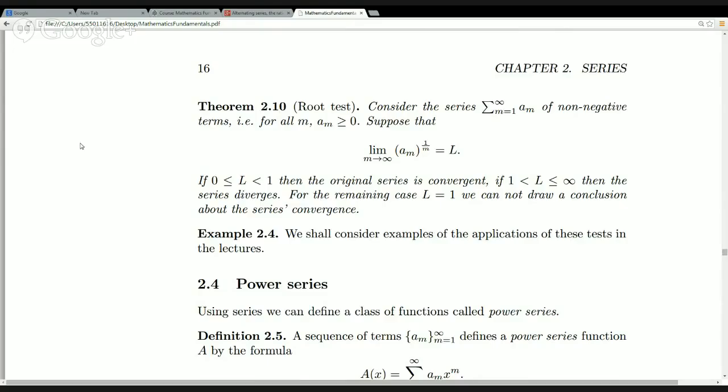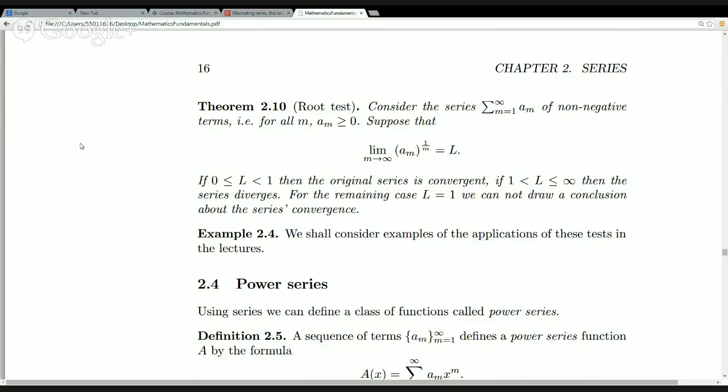We know about the convergence of this thing, that it converges if this quantity L is strictly less than 1, but if the quantity is 1 or bigger, it diverges. But the borderline case, L equals 1, we can't say anything definite about, okay? Because it's only this approximate nature.